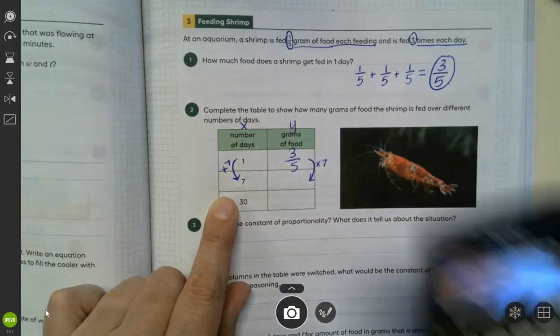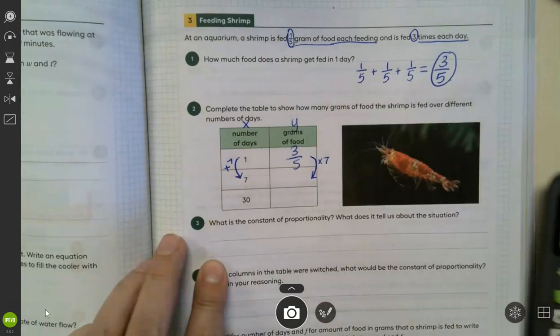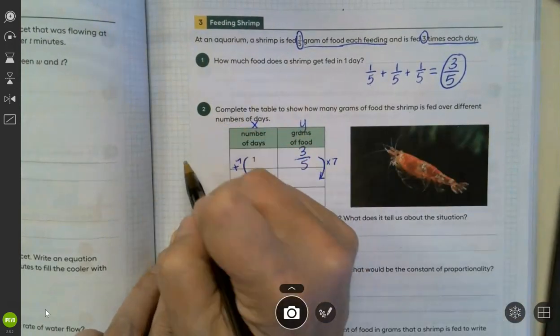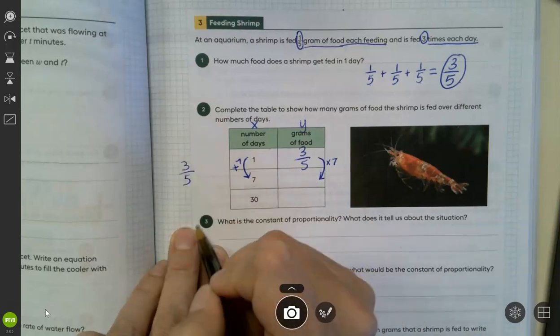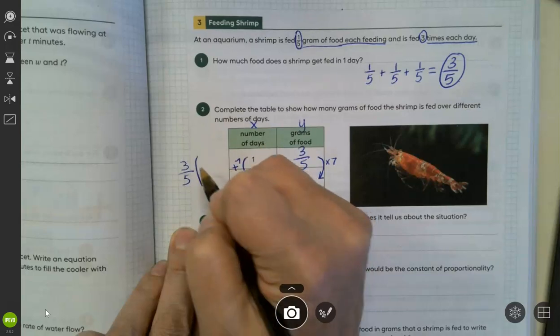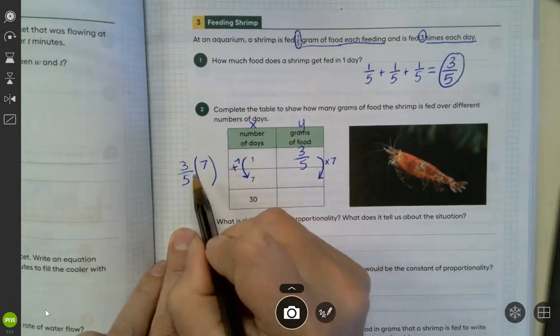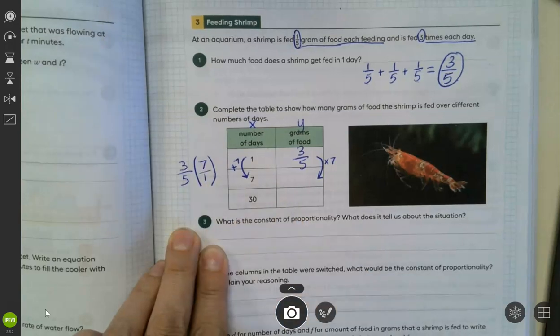Okay, and we can use a calculator for that. When we are multiplying fractions, I'm going to put the work over here on the side so you can see what is happening when we use the calculator. So 3/5 times 7, right? It's easiest to multiply a fraction by a fraction.